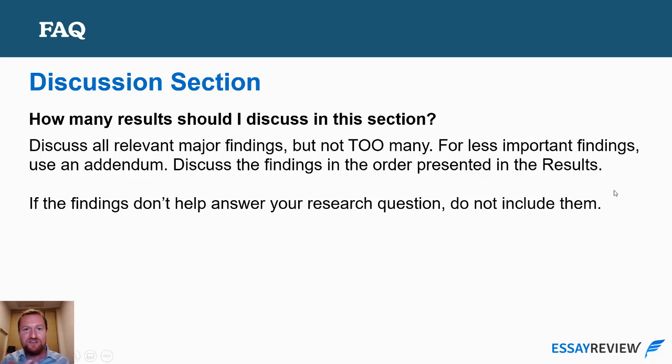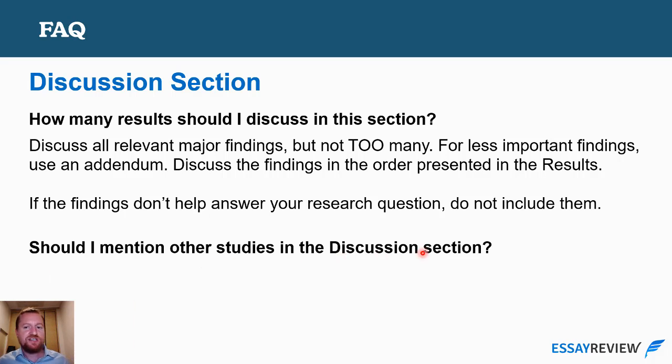Whether they undermine your hypothesis or whether they add to it or give some very interesting aspect to it that you didn't consider, you can use them. But if there's sort of extra information, generally you don't need it. If you think it's important, you can add it in another section. But you want to make sure that if another researcher is reading your work, would they be like, why is this included? Or would it be considered a finding that answers your research question?